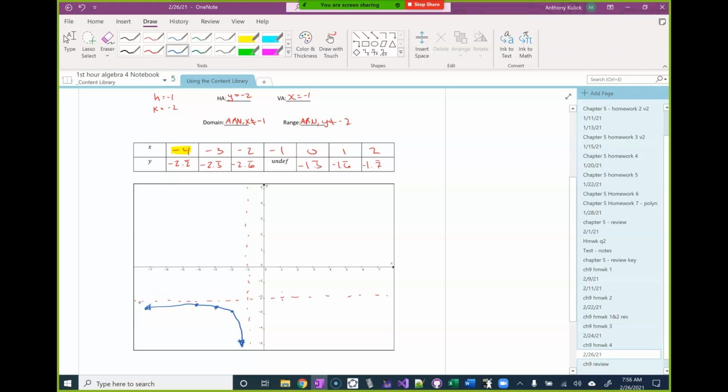So there's that. And then the other side, I have 0 and -1.3, 1 and -1.6, and then 2 and -1.7.